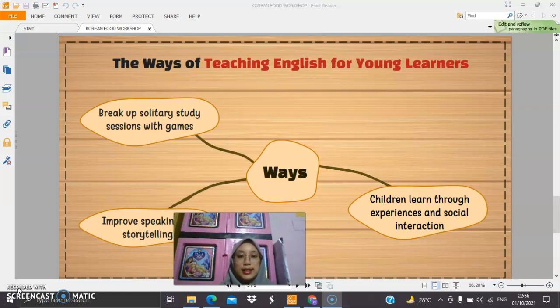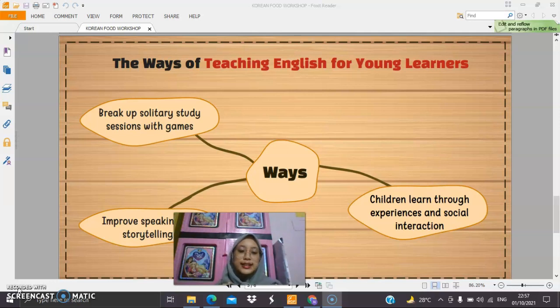And the last, about the way of teaching English for young learners, children learn through experiences and social interaction. It is important that the English teachers use media in delivering the materials in order that the students are able to understand easily.